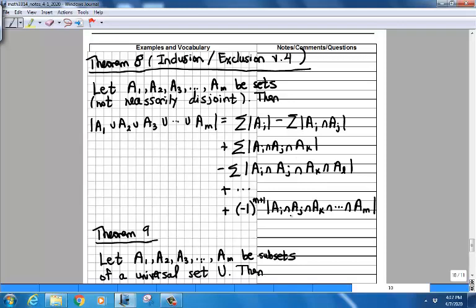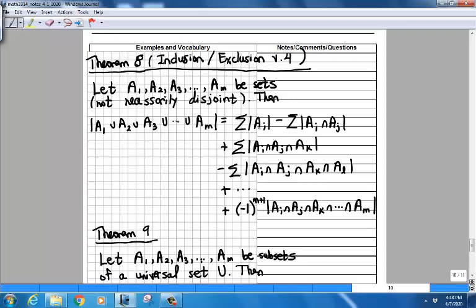Because it echoes very much Inclusion-Exclusion version 2 and Inclusion-Exclusion version 3. All right, here's what the formula says. Here's the notational version of the formula, but let me explain in practical terms how the formula is actually working. What the formula says is you first add up the cardinalities of the individual sets.